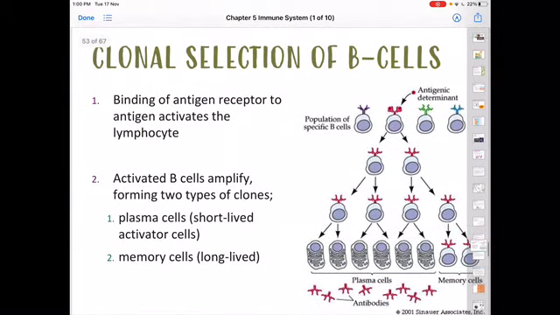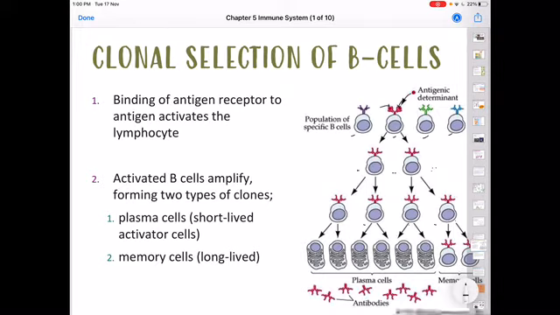So this is the process of clonal selection of B cell. This is your B cell population. Ada banyak jenis B cell with different antigenic determinants, or different epitopes. Once they bind to the epitope, dia akan start cloning.